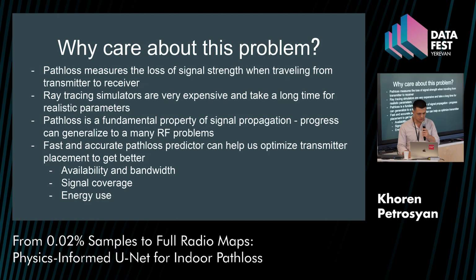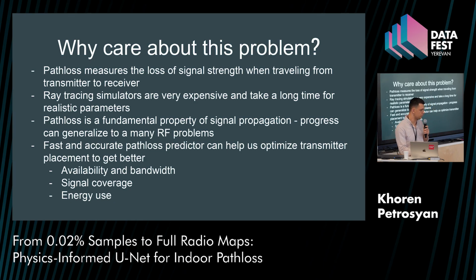And fast and accurate pathloss prediction can help us use it as a block inside an optimization loop. So if you can predict the pathloss at any point in a room accurately and quickly enough, you can use it as a component to optimize where to place the antennas, how many you need, and try to optimize for availability and bandwidth or signal coverage.